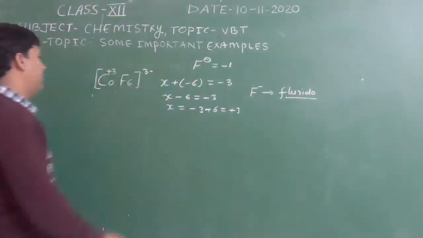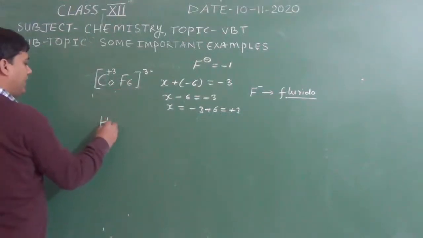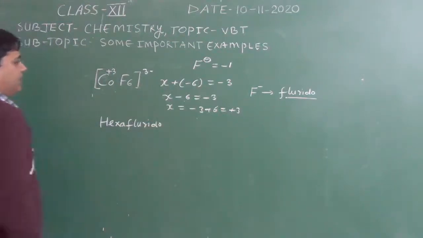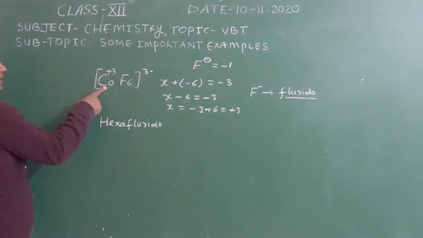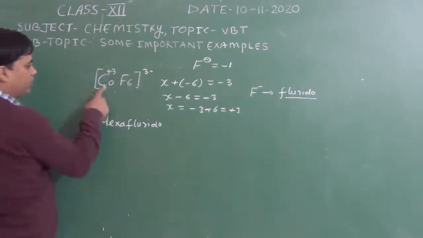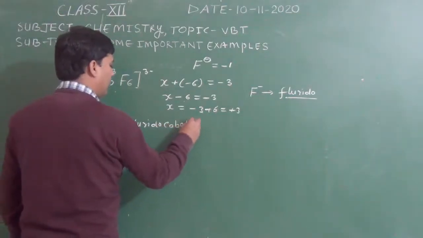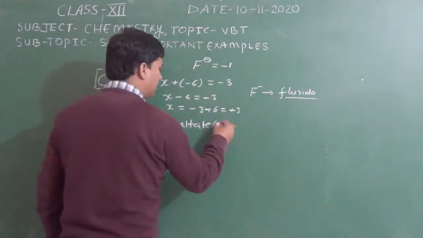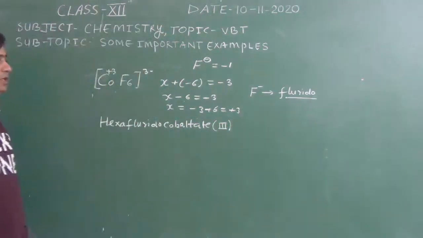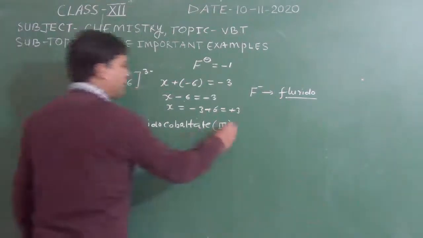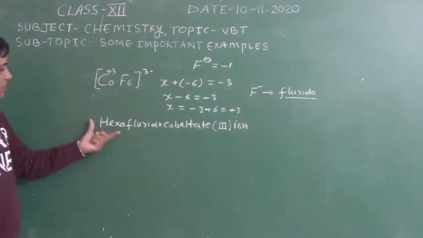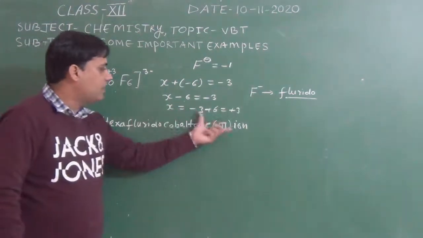How many fluoride ions? 6, so hexafluorido. Since the complex carries a negative charge, you write the name of the central metal with the ending -ate: hexafluoridocobaltate. It has 3 positive charge on the metal, meaning the oxidation state is 3, so you write it in small brackets, and it is an ion. So the correct name of this compound is hexafluoridocobaltate(III) ion.